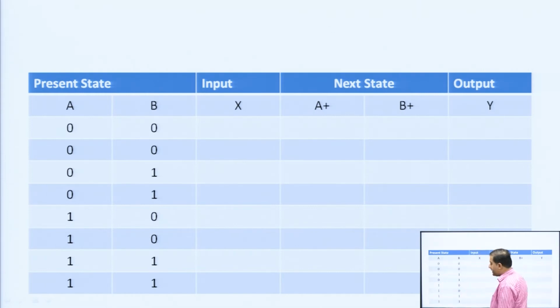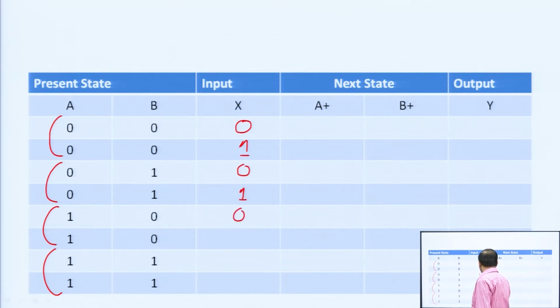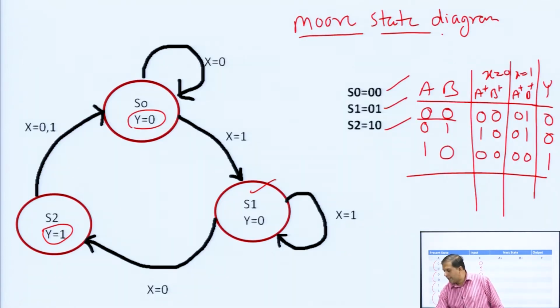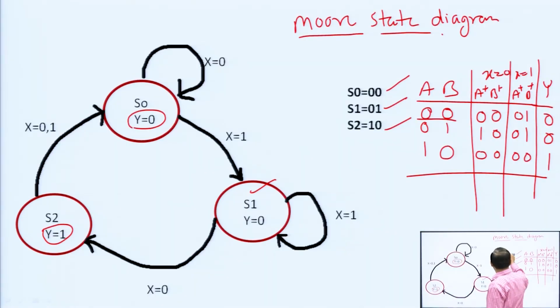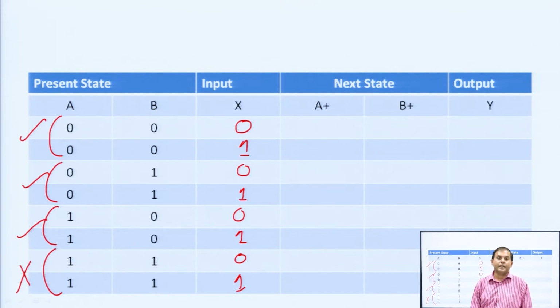Okay. So, now we will write the same things. See, I will rewrite the state table in this format. For every condition we will have 2 values of input, 0 and 1. Okay. But here you can check only 3 states are given: 00, 01 and 10. The state 11 is not there in the given state diagram.